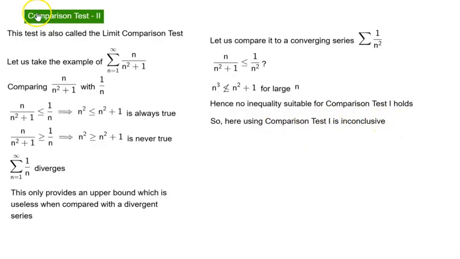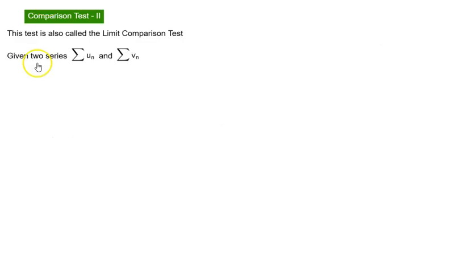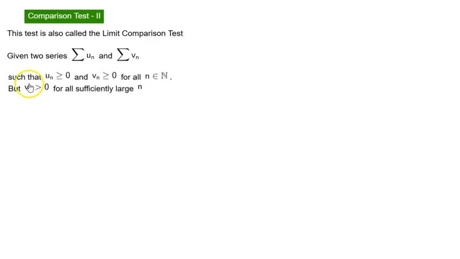And because of this, we require comparison test 2. So let's see what exactly it is. Given two series, u sub n and v sub n, such that all the terms of u sub n are greater than or equal to 0 and all the terms of v sub n are greater than or equal to 0, but v sub n is greater than 0 for all sufficiently large n.